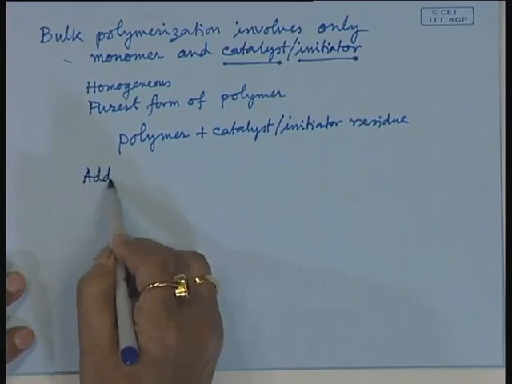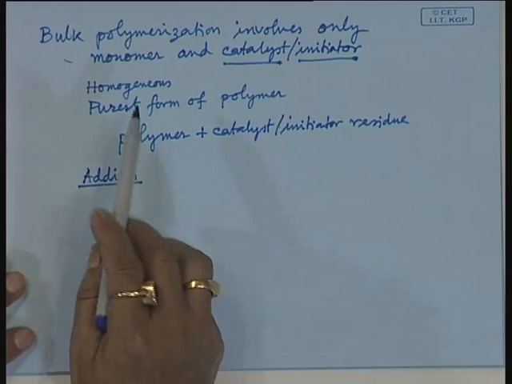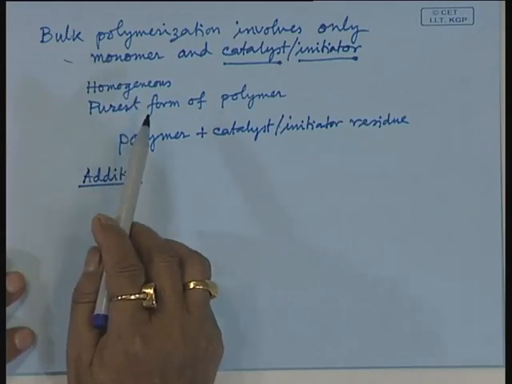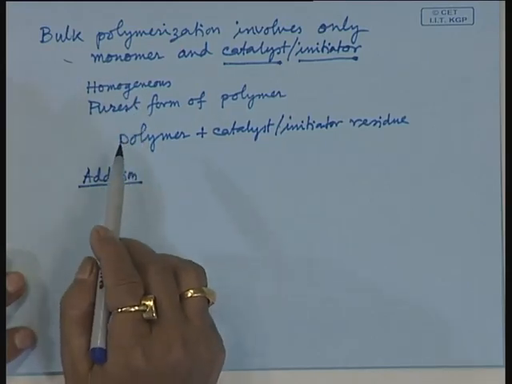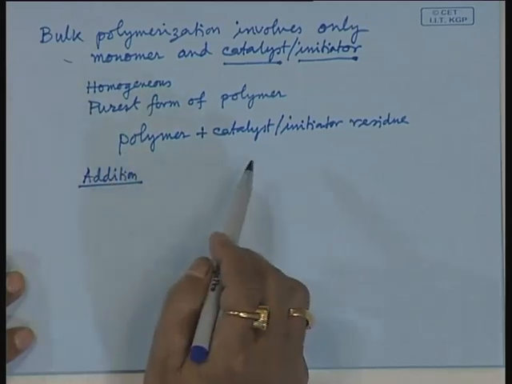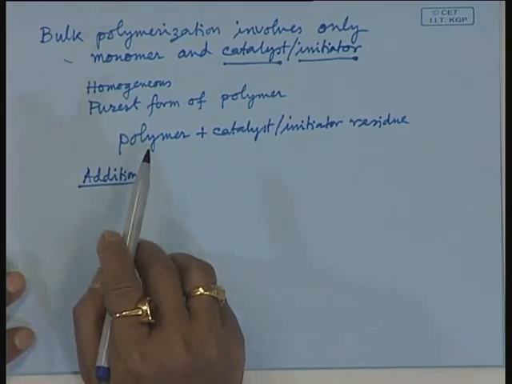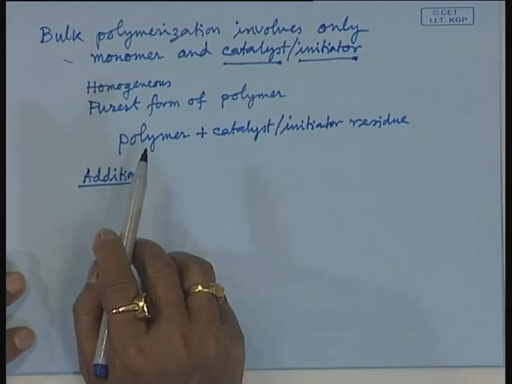Again, this addition chain polymer which is formed remains soluble in the monomer phase, because it is a homogeneous system from the initial starting point to the final polymerization step. So, the polymer remains dissolved in the monomer.